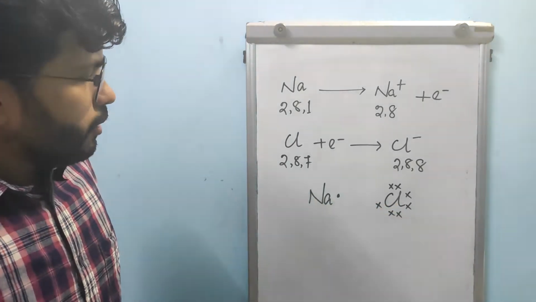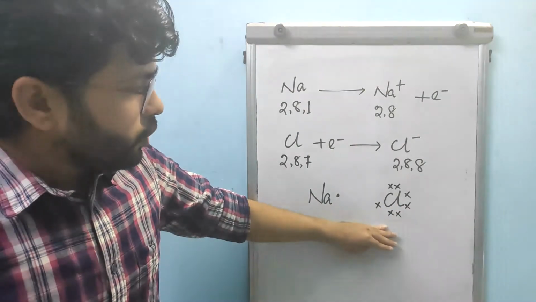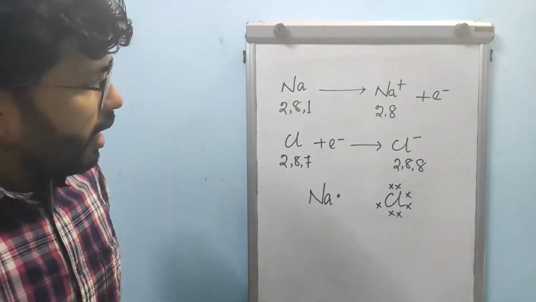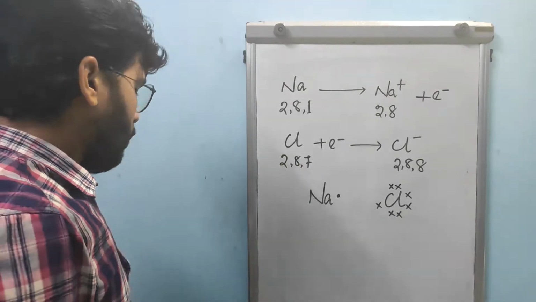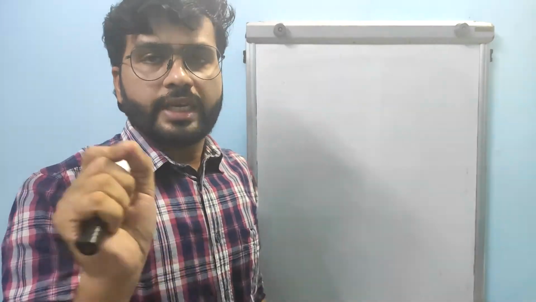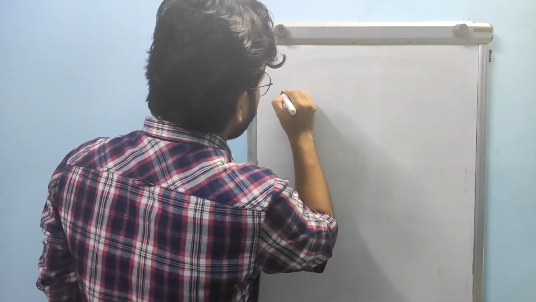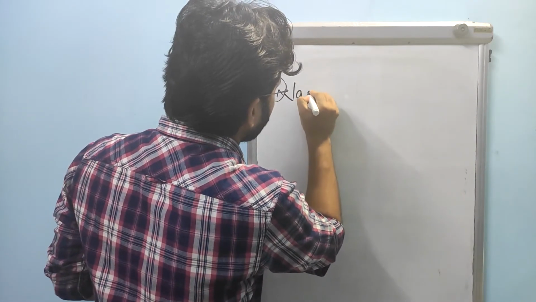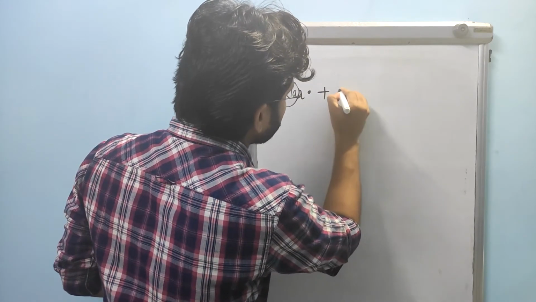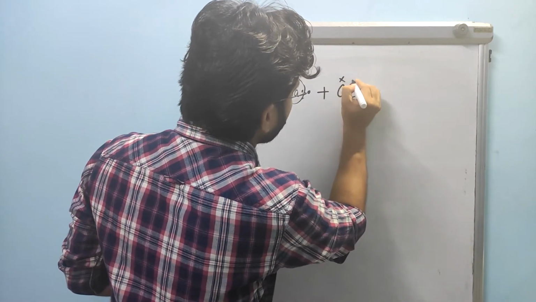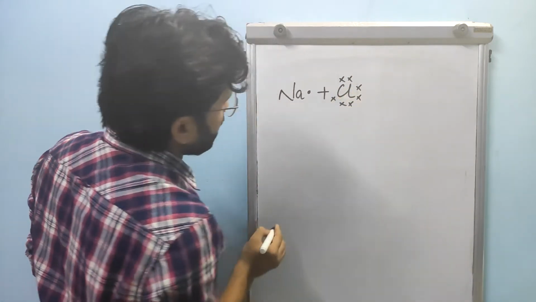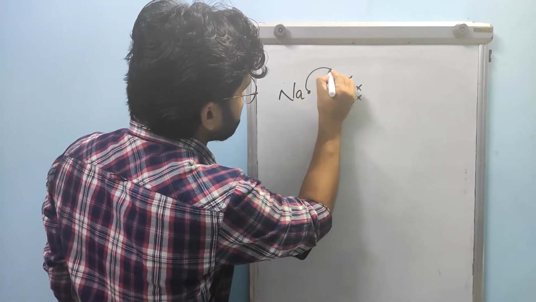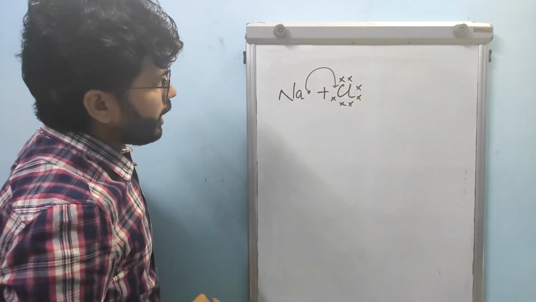Once you know the representation of electron dot structure, now let us show how these electrons get transferred and an ionic compound is formed. The third step is to show the transfer of electron. How will we show that? We will take sodium with 1 dot plus Cl with 7 crosses, and I will show the transfer through a curved arrow.